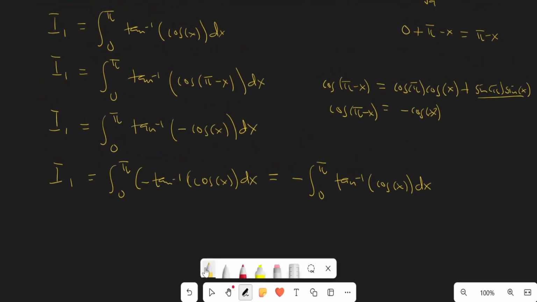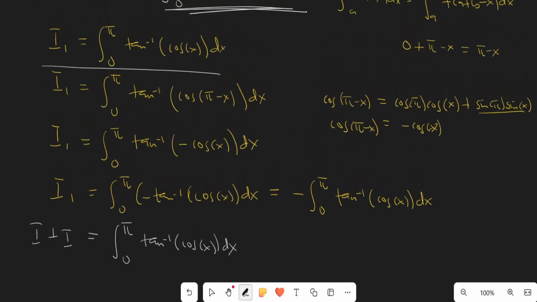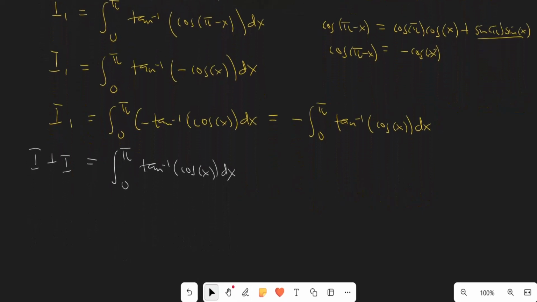So we can now add that to the original integral. When we do I sub 1 plus I sub 1, that is going to be the integral from 0 to pi of the tan inverse of cosine of x dx, plus the one transformed by the King's property, which is negative the integral from 0 to pi of the tan inverse of cosine of x dx.